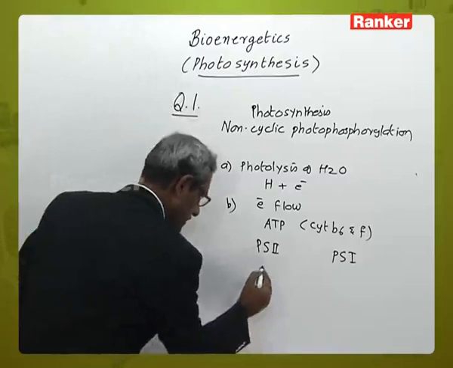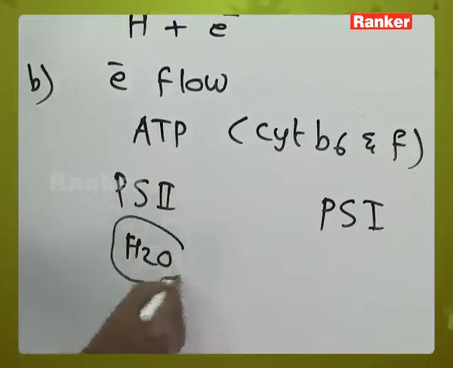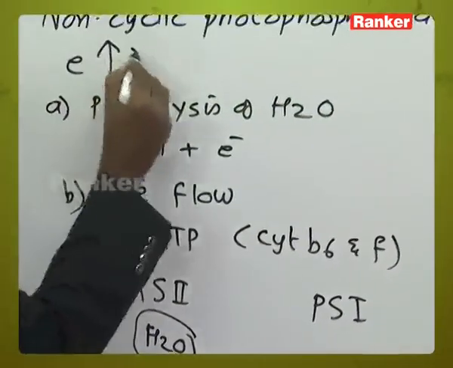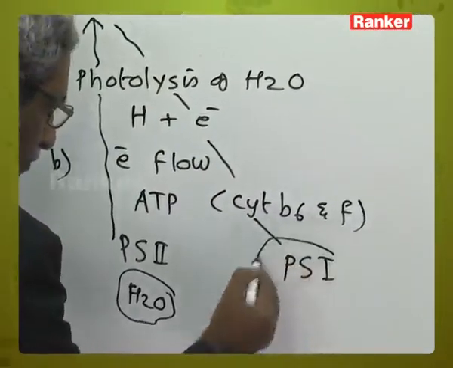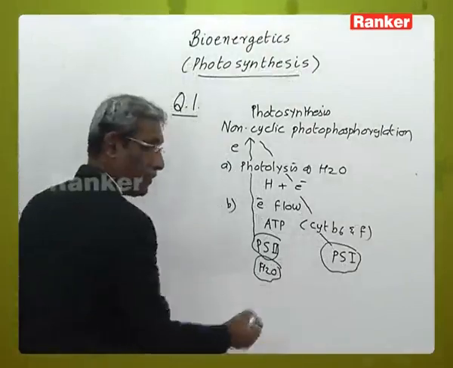So we have the photolysis of water here. Water gets broken down, then electrons are released. Electrons go through a series of acceptors and fall down into photosystem 2.